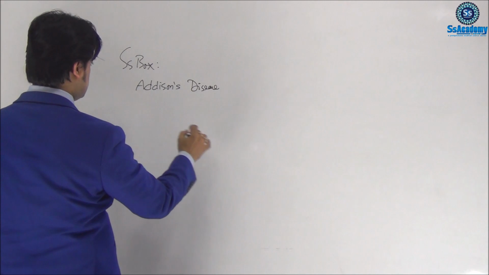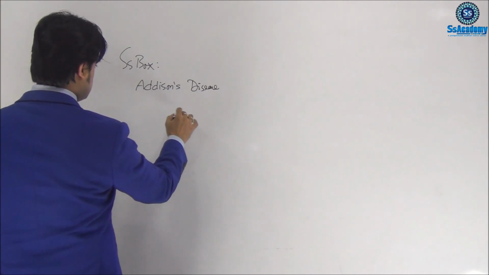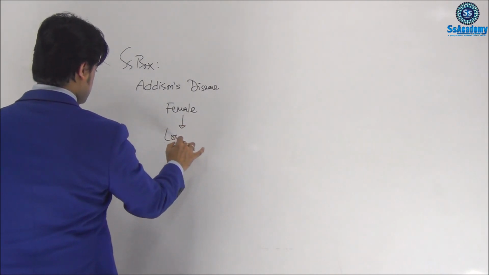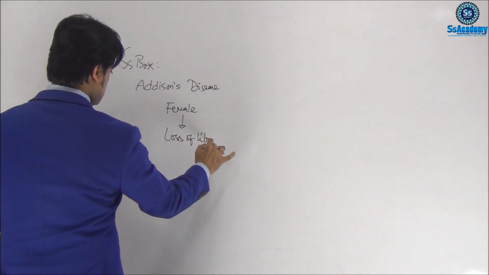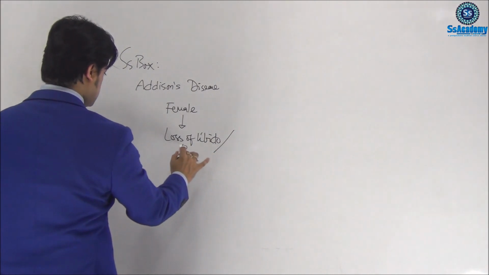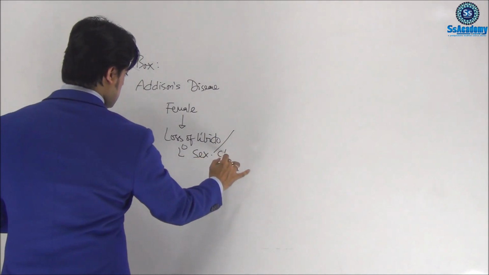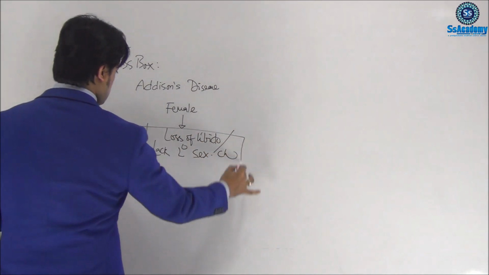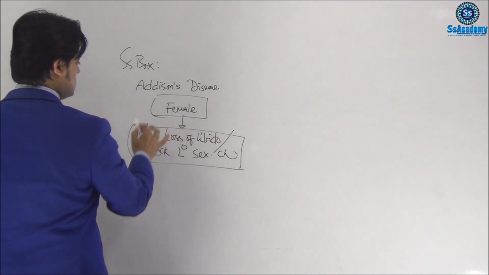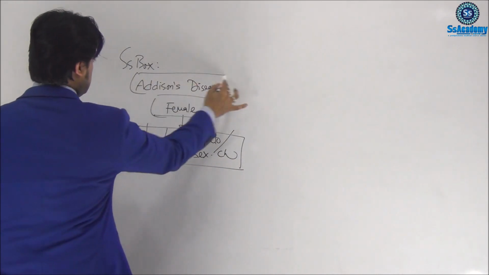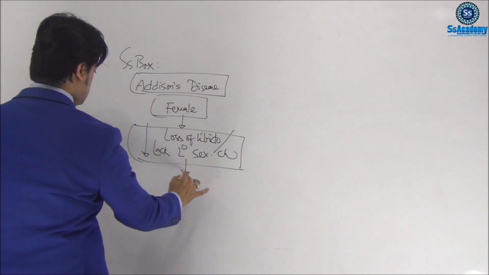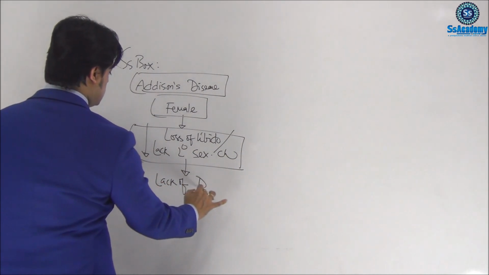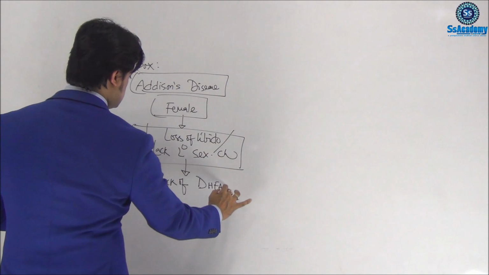we have seen the females with Addison's disease cause the loss of libido. And sometimes the secondary sexual characteristics are lacking. So this lack or loss of secondary sexual characteristics in Addison's disease is nothing but due to lack of dehydroepiandrosterone.